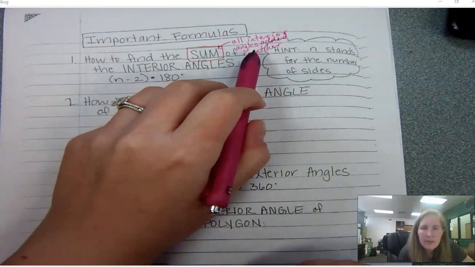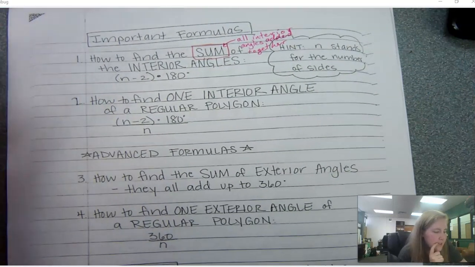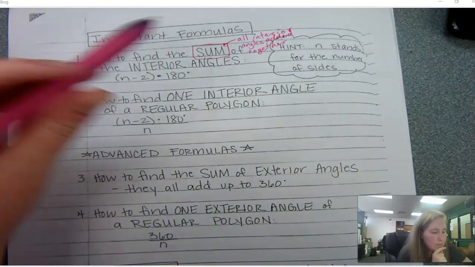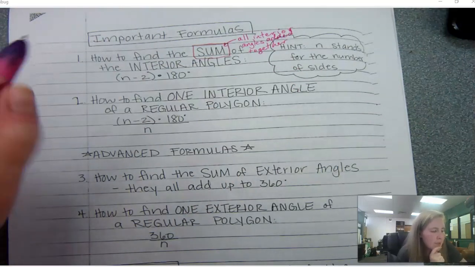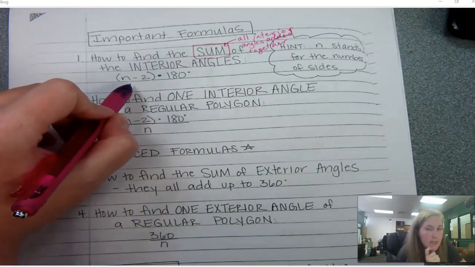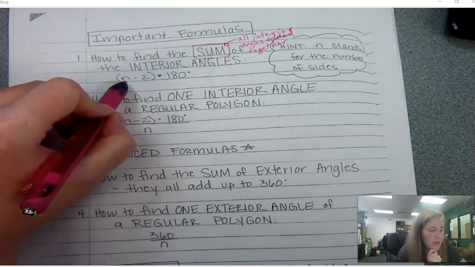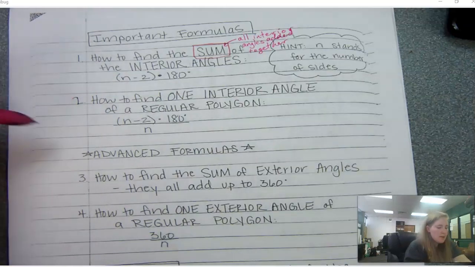So that's important for this. It's the sum for all of the interior angles added together. Something that's very important, this hint, is that n stands for the number of sides. So like if this was a pentagon, which is 5 sides, you would take a 5 and plug that in there, and it'd be 5 minus 2 times 180. Okay, and we'll get to that in the examples.